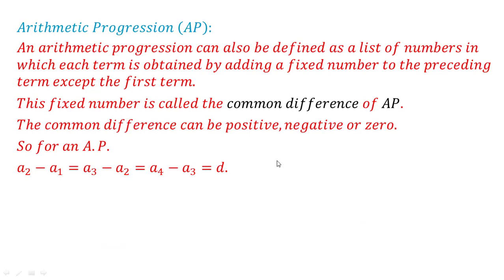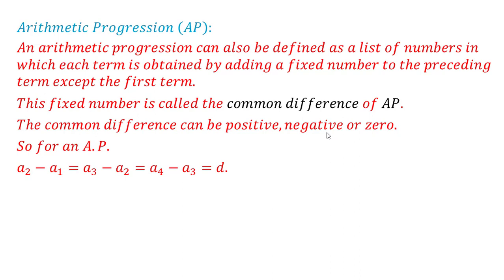So an arithmetic progression can be defined as a list of numbers in which each term is obtained by adding a fixed number to the preceding term except the first term. The fixed number that we are adding is called the common difference, and the common difference can be positive, negative or 0, right? So it is not like you should keep on increasing like 2, 4, 6, 8.